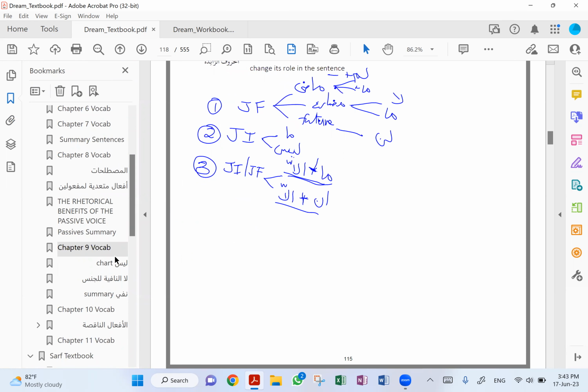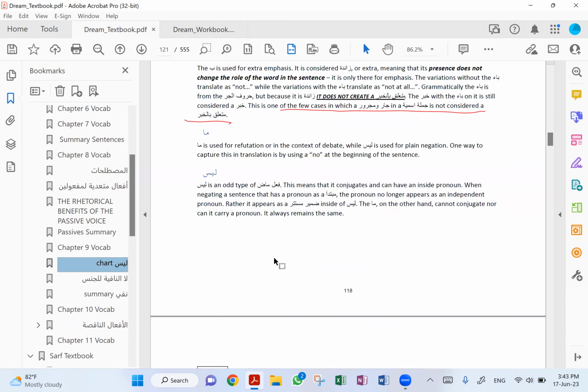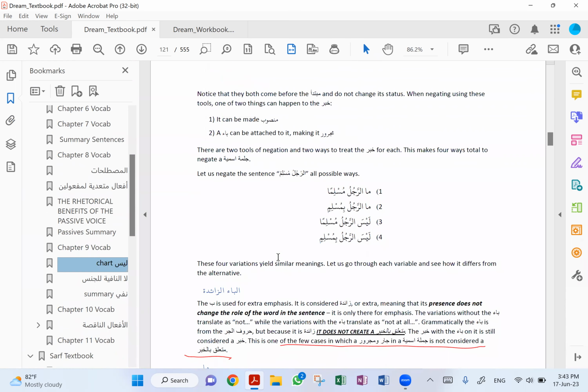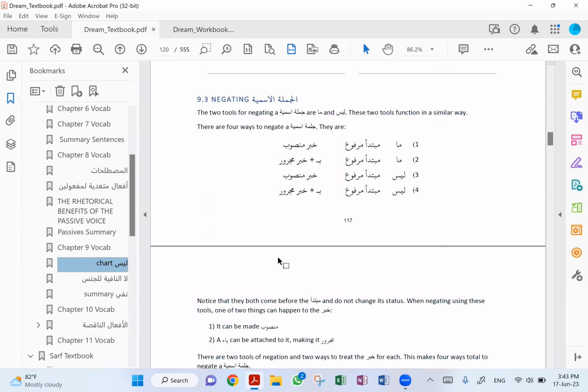I'm trying to think. Let's just see what else is there. Let's go to negating Jumla Ismiyyah. So what I know is ma and laysa. Ma can be just ma, with the mubtada marfu and the khabar mansub, or laysa.